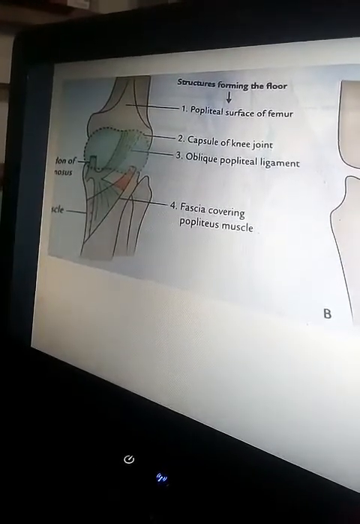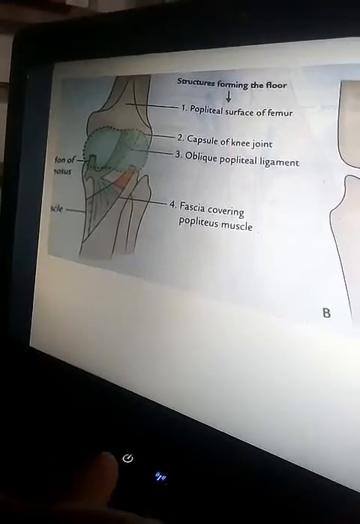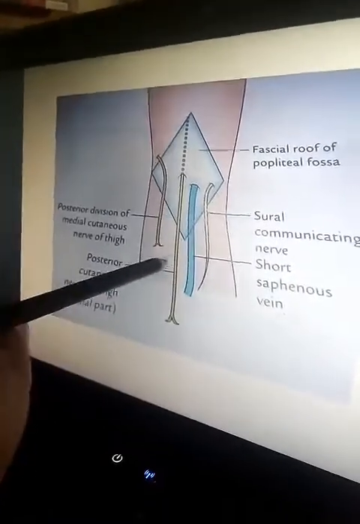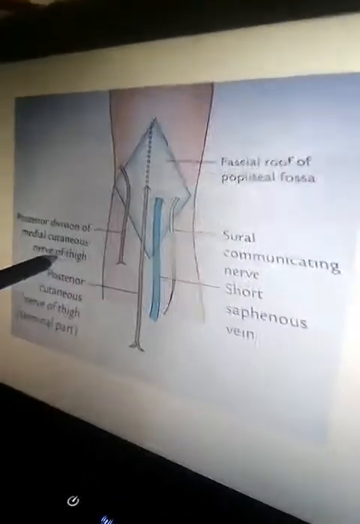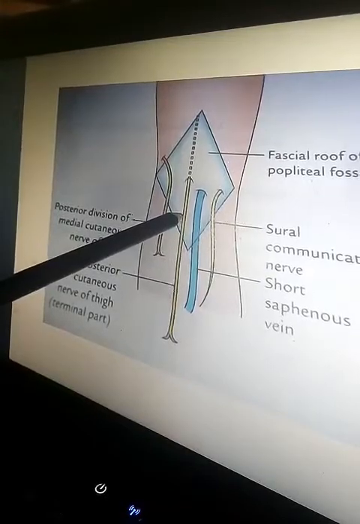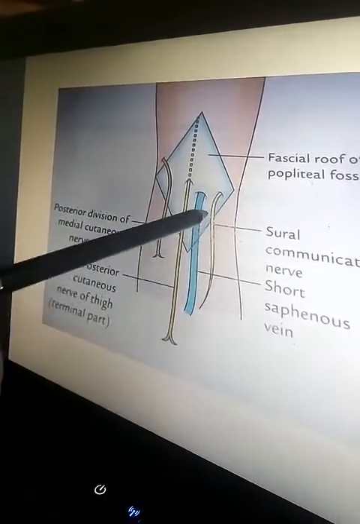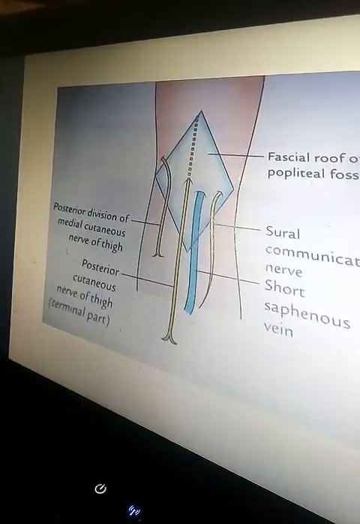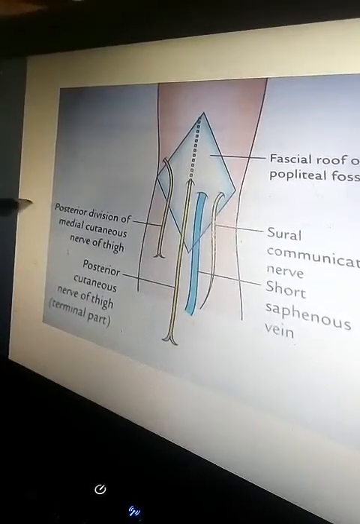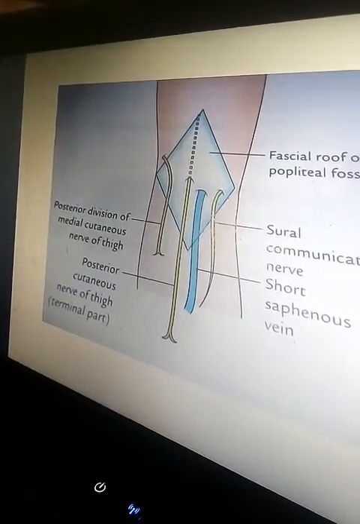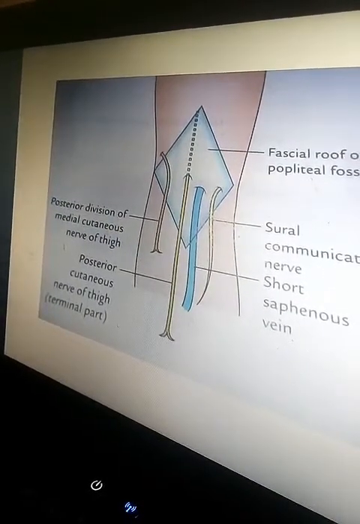The short saphenous vein, 3 cutaneous nerves that are the terminal part of the posterior cutaneous nerve of the thigh and sural communicating nerve pierce the roof. So this forms the roof of the popliteal fossa.